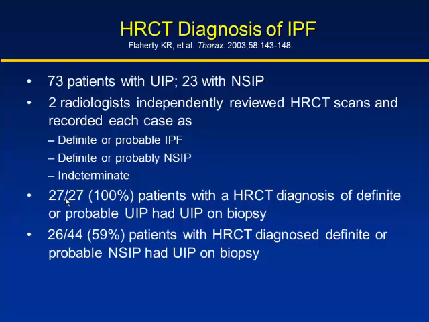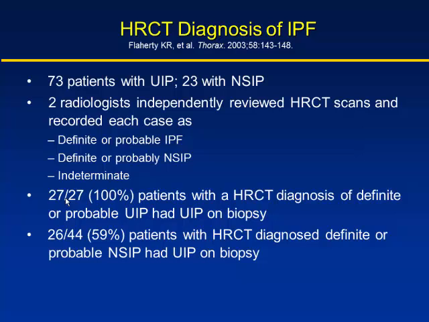They recorded whether they thought, based on the pattern, that it was definitely UIP, definitely NSIP, or indeterminate. And they found that all the patients the radiologists said definitely had UIP all had UIP on the biopsy. But of the patients where they looked at the CT and said it was definite or probable NSIP, 60% of those had UIP.